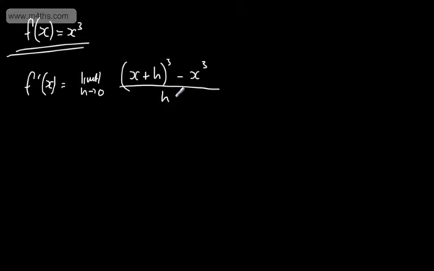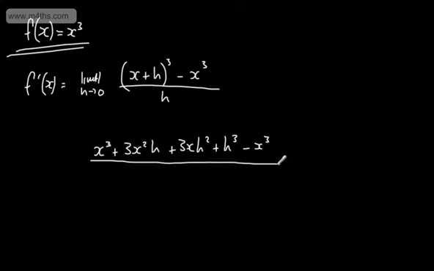In terms of expanding x plus h cubed, you might want to do that manually. I'm going to half cheat and use the binomial expansion. You'll meet the binomial expansion in a later video. We're going to get x cubed plus 3x squared h plus 3x h squared plus h cubed. So if you go ahead and expand that, that's what you're going to get. Minus x cubed, that's the numerator. That's all going to be over h.